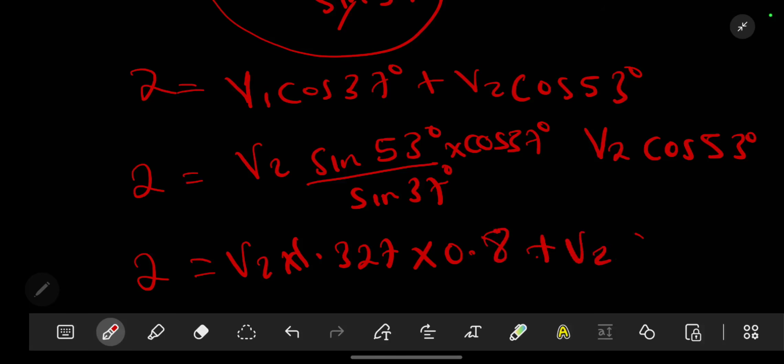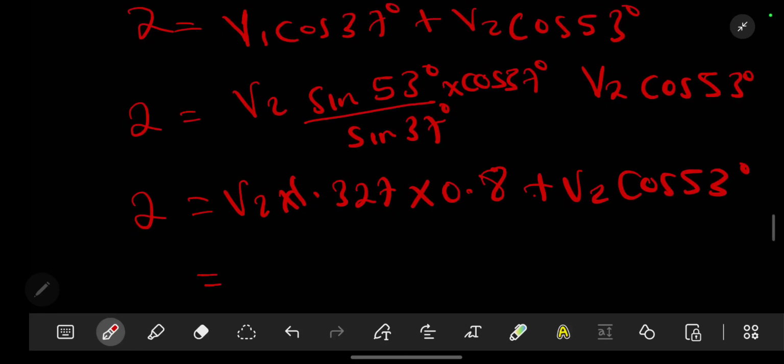Then we have plus V2 cos of 53 degrees. So this is going to give us 1.327 times 0.8, which is 1.0616 V2.